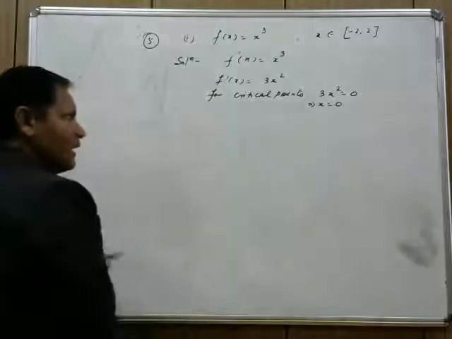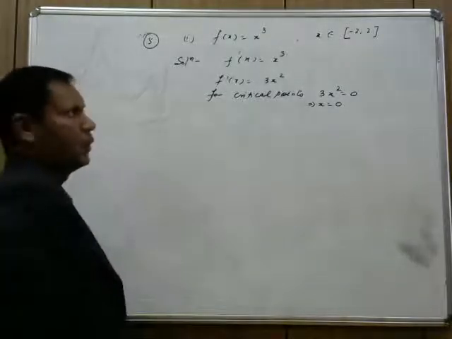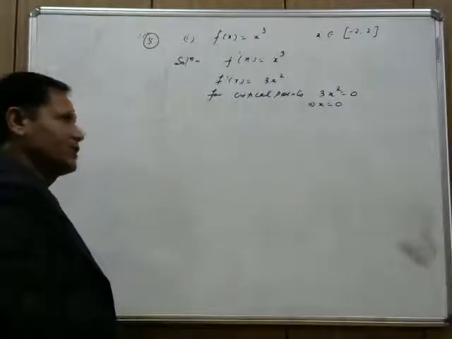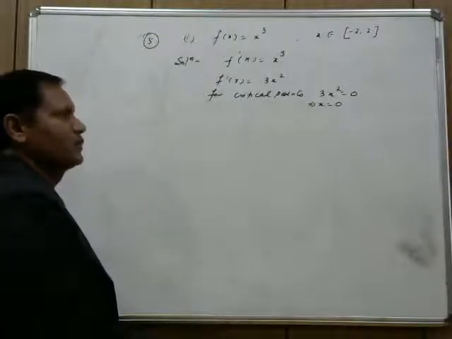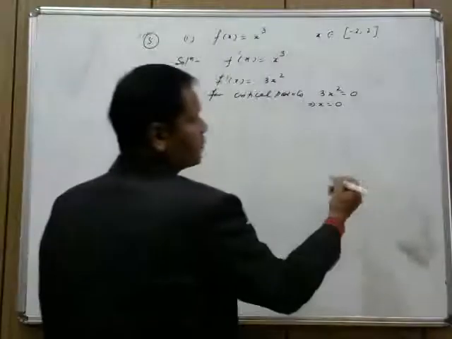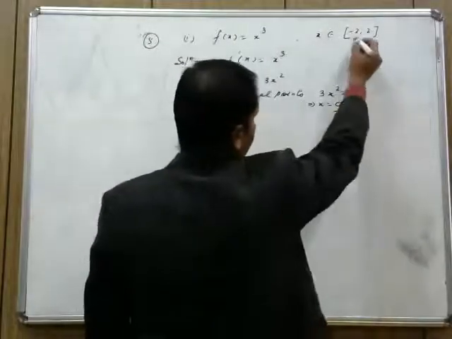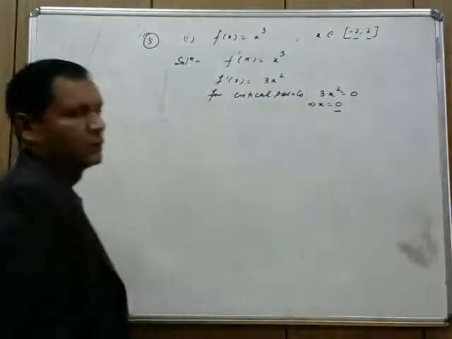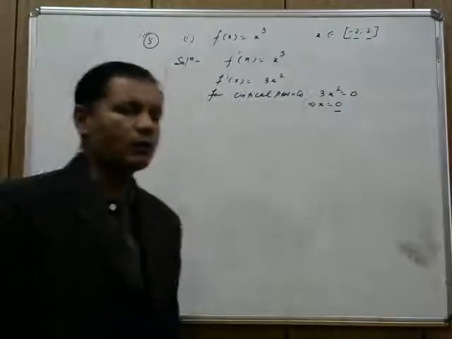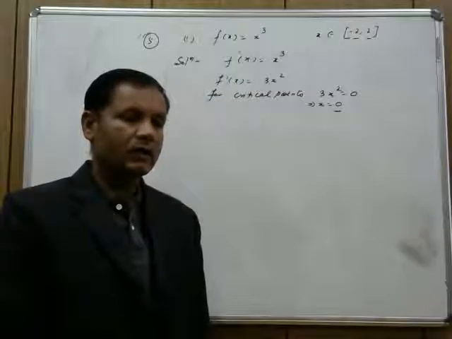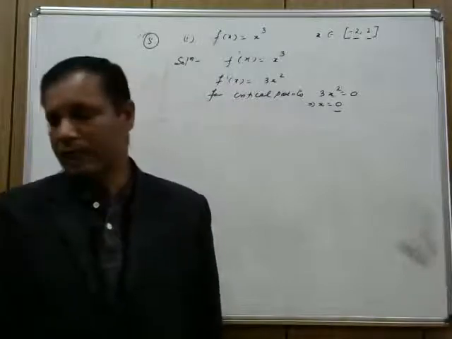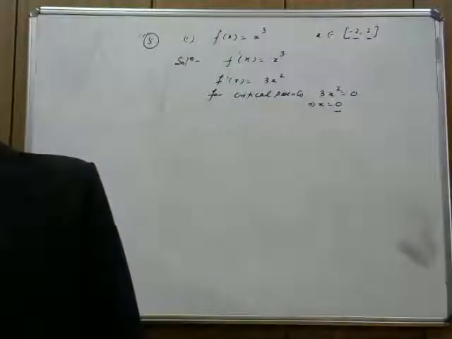Now we have 3 points at which I have to check whether this function attains the maximum or minimum value, and these points are 0, minus 2 and 2. No need to find f double dash of x whenever we are asked to find the absolute maxima or absolute minima.